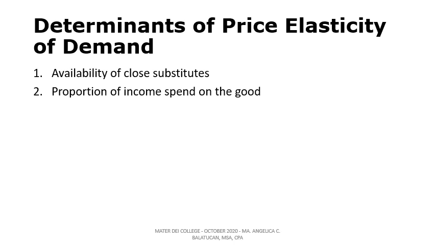Second, we have the proportion of income spent on the good. When the expenditure on the product is a relatively small portion of a budget, the demand is relatively more inelastic. For example, if a product such as salt is very inexpensive, consumers are relatively indifferent about a price increase.